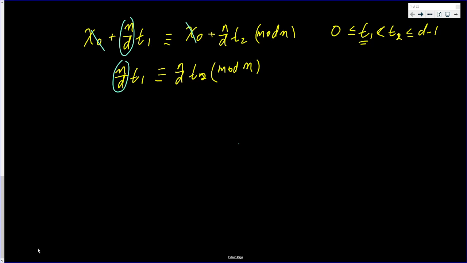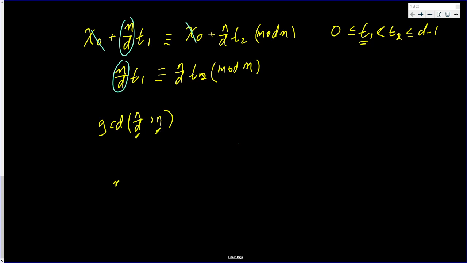N over d is most definitely an integer. Now, we have the GCD of n over d and n. Well, this is an integer and this is an integer.